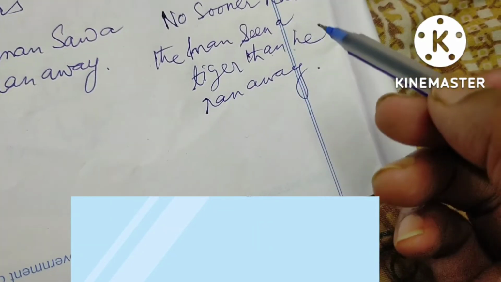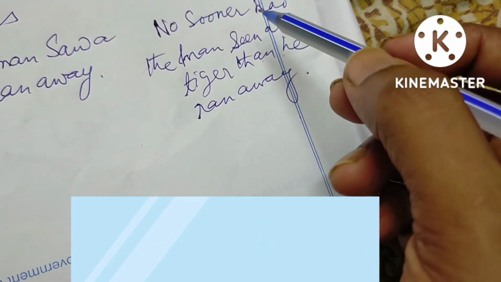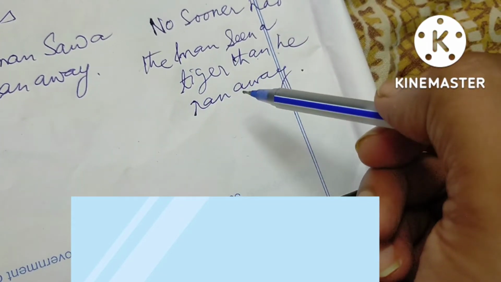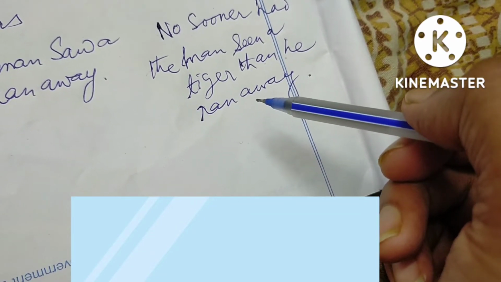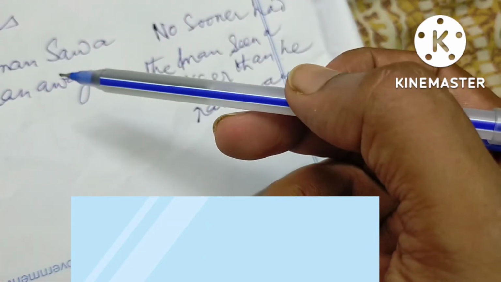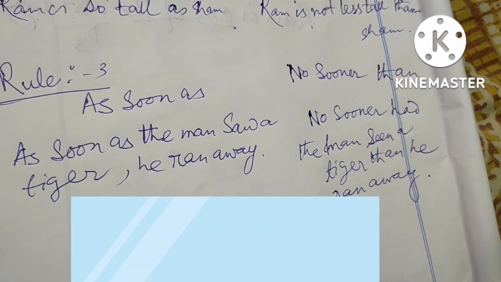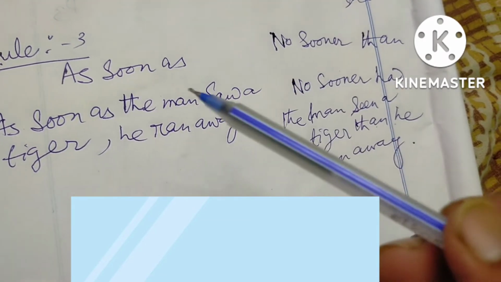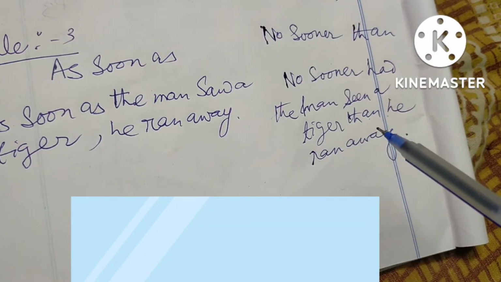Look, the past perfect form had is used and then the simple past form. Here we can say that this is a kind of transformation from a positive to a negative sentence, and this is also a degree change from the positive degree to the comparative degree.